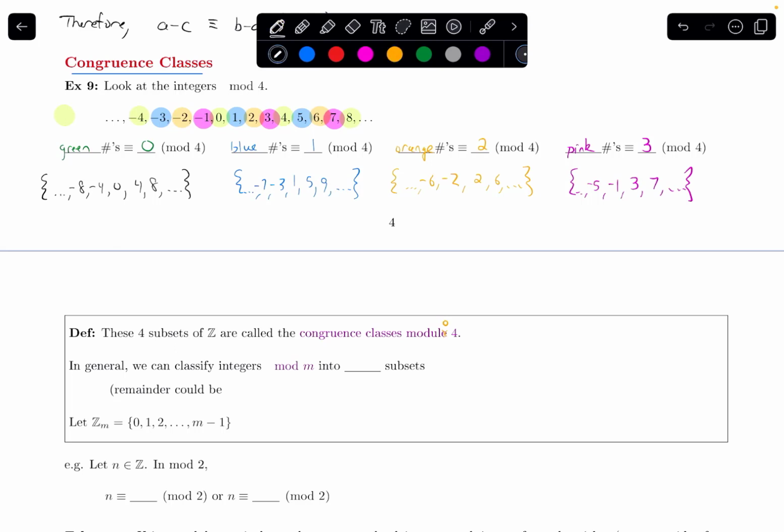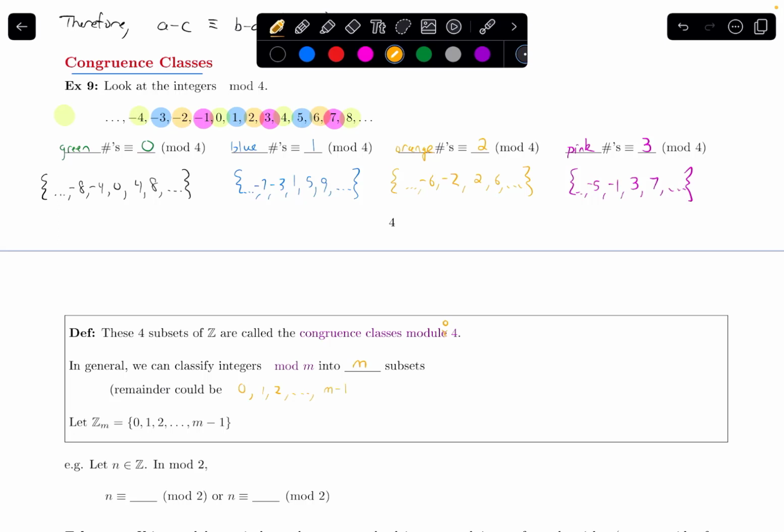In general, if I was dividing by an integer m, looking at the remainder mod m, we could classify these integers into m subsets. Because the remainder, if I was dividing by m, could be 0 or 1 or 2 or anything up until m minus 1. That would be the biggest possible remainder.